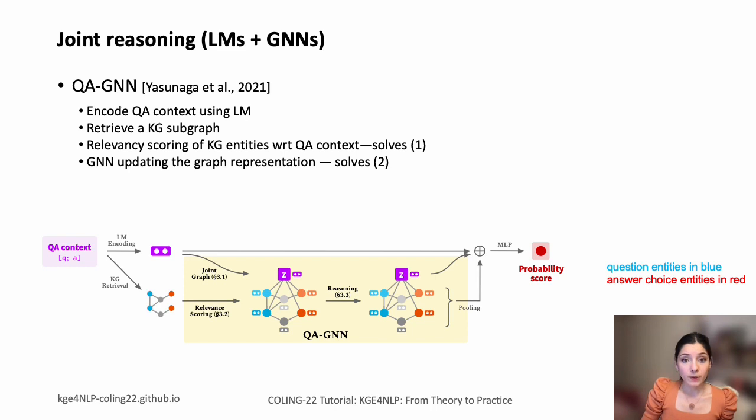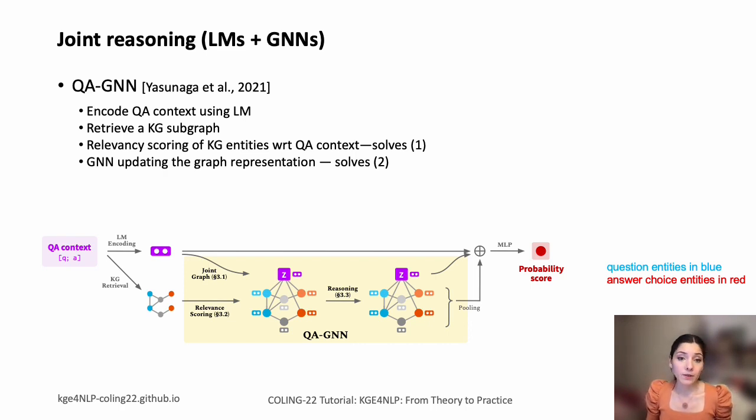Next, the joint reasoning problem is solved with a graph neural network model, which updates the graph representation with a message passing mechanism that is aware of the entity and relation types, and with an attention mechanism that is additionally aware of the relevancy scores.